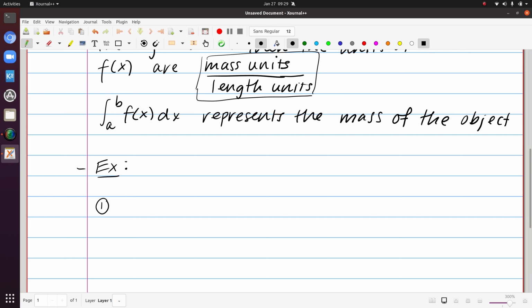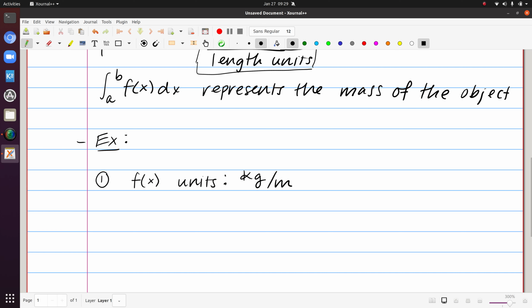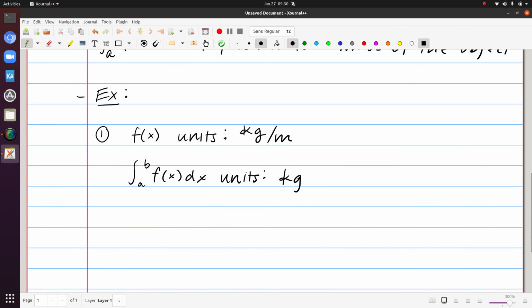If the units of f of x could be, say, kilograms per meter, then you could see that I could use an integral of f of x that would result in giving me the kilograms. So the length units here are in meters.